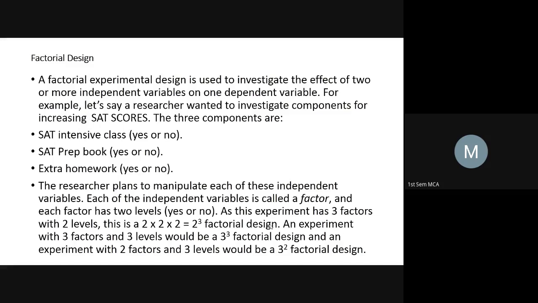If he has submitted 2 assignments, it will be yes. So I will look at the combinations. 2 factors, 2 levels, so it will be a 2 into 2 factorial design. Actually, this factorial design will help you to understand the cause and effect relationship.